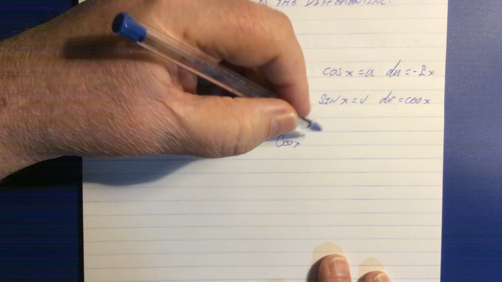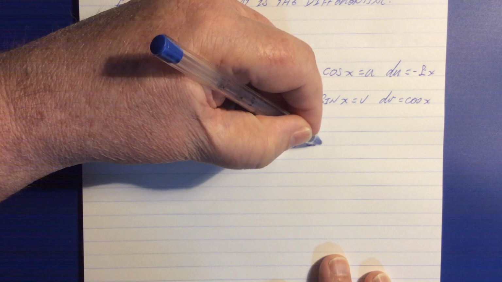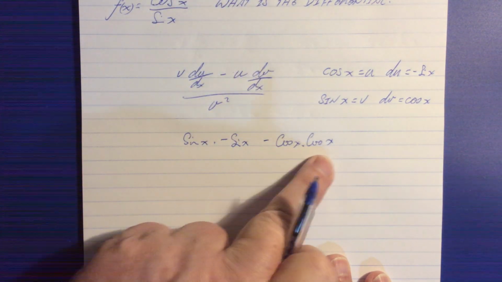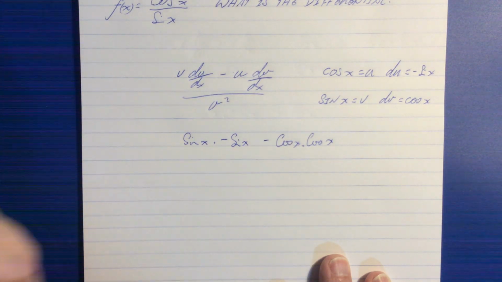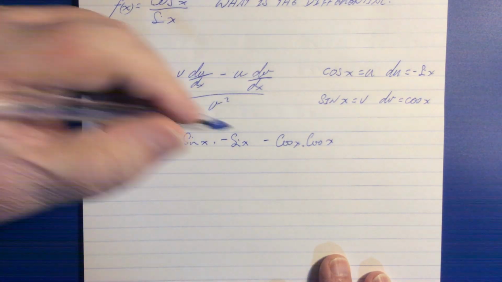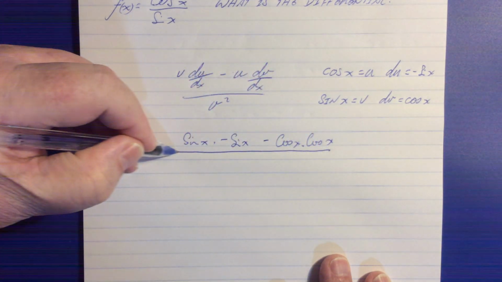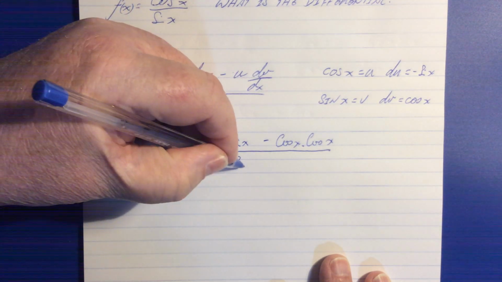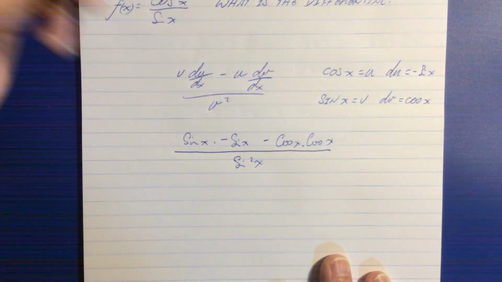Now, dv dx is cos x. So that gets multiplied by that, and the two get subtracted one from the other. And that is all over v squared, so that is sine squared x.